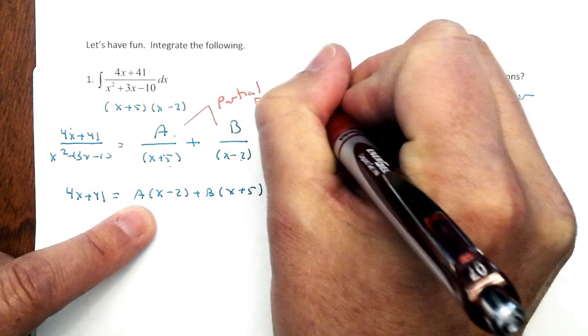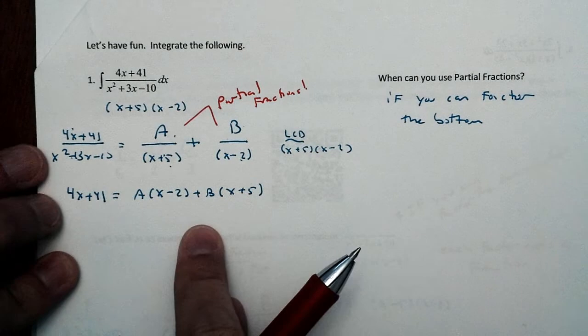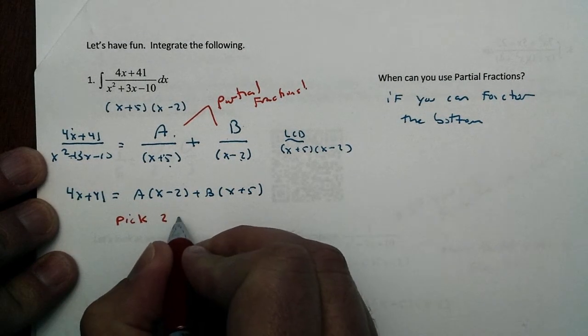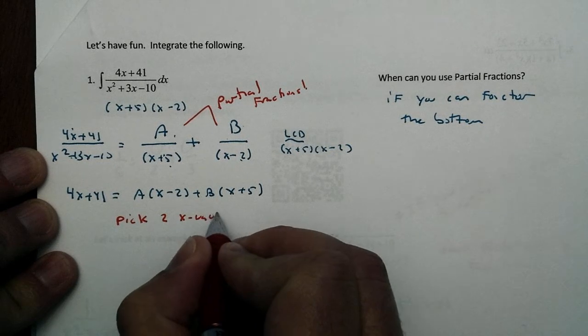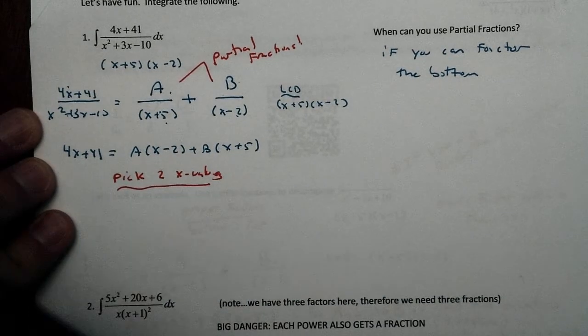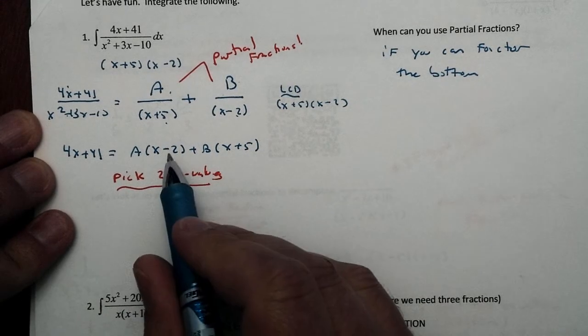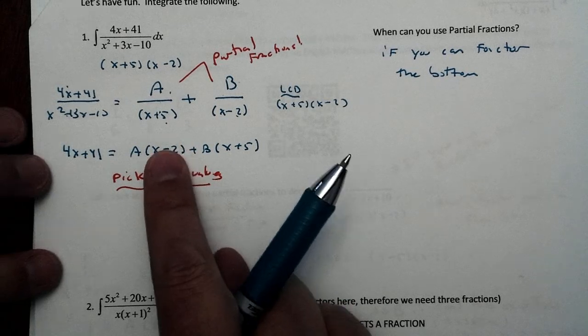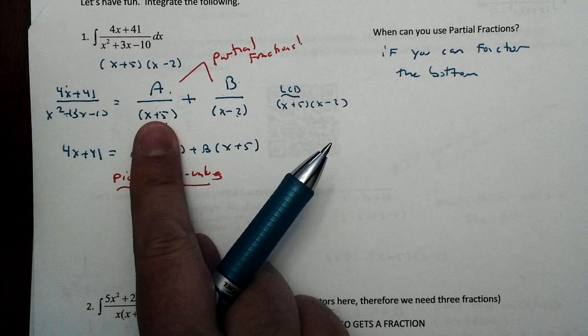The Heaviside method says you're going to pick two x values. You can pick any two x values and it will work, but we're going to pick the zeros, because it makes it a little easier to solve. If one of these just goes away, it's easy to solve for B.